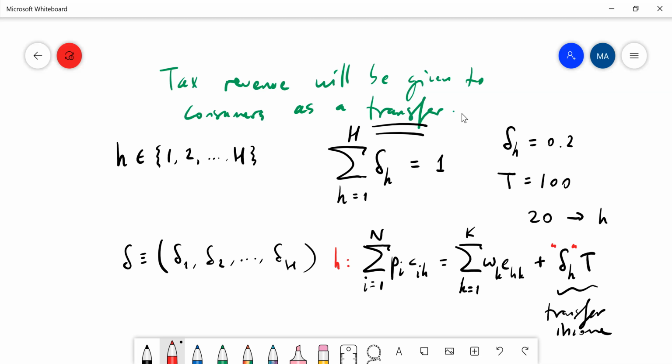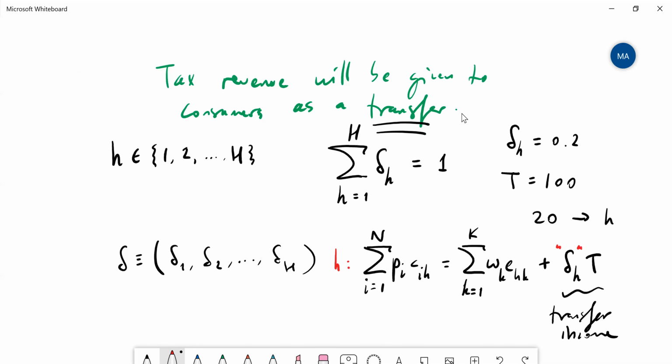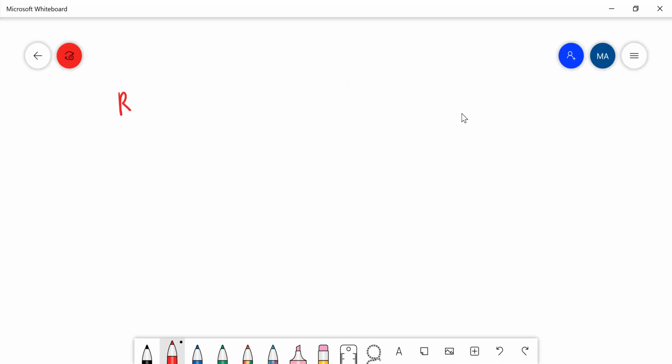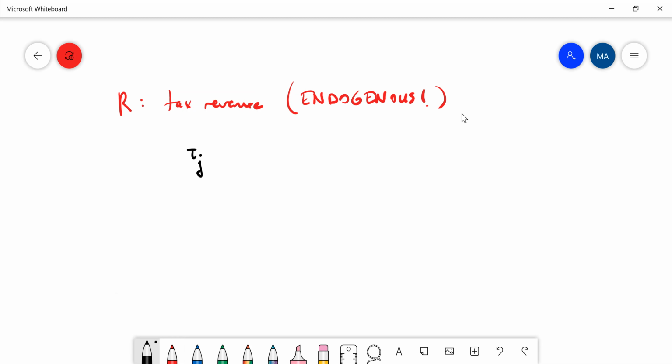Now, at this point, we should also be specific about the revenue. R will be tax revenue. And be careful, this is endogenous. Why? Because tax revenue, how do you write that? Well, there is this firm, J. We are taxing the average cost of this firm.